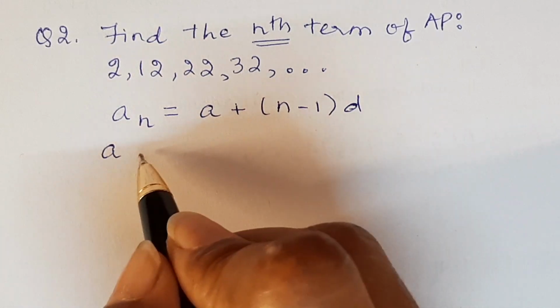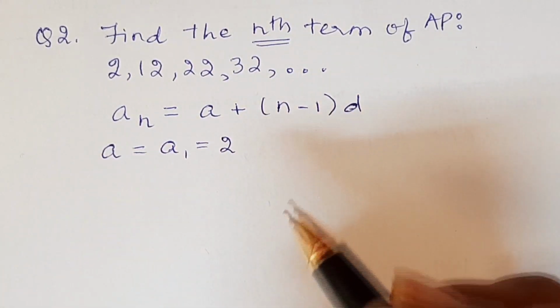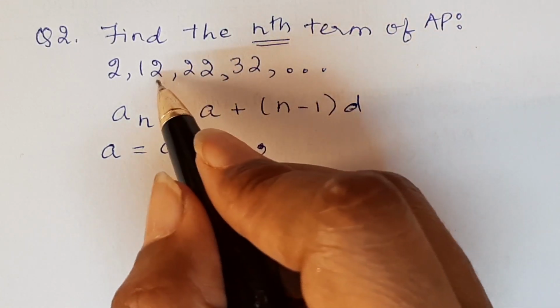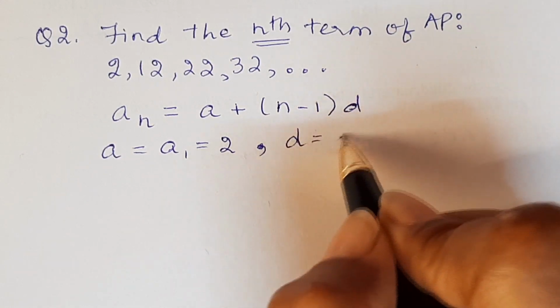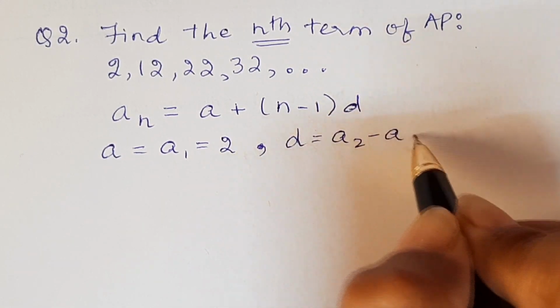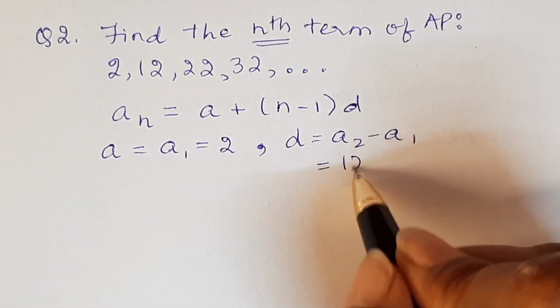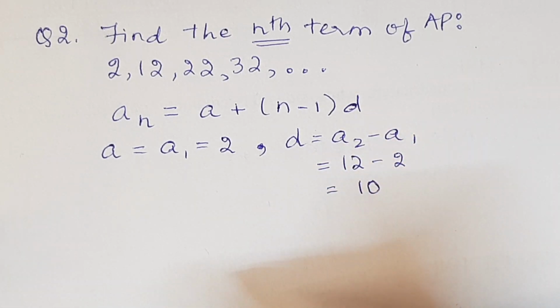So we will write A equal to A1, which is equal to 2. And the common difference is A2 minus A1, which means 12 minus 2, which is equal to 10.